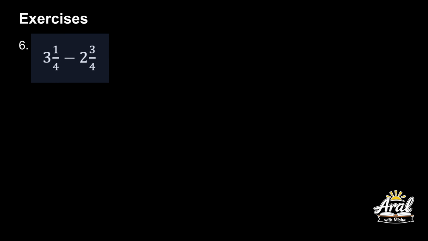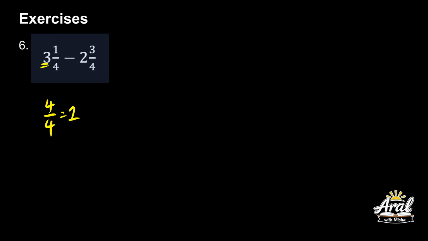Okay? Next, 3 and 1/4 minus 2 and 3/4. So, ano siya, di ba? Same denominator, but 1 minus 3. Oh, kulang. So, you should borrow the 3, itong whole number. 1 whole number, 1 is actually equivalent to 4 over 4. 4 over 4 is also equal to 1.